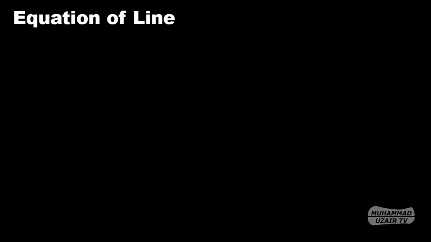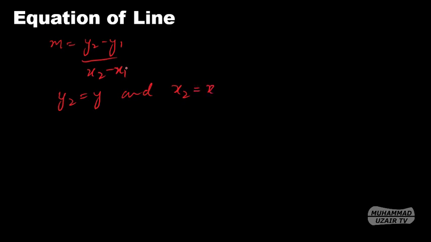So now to find the equation of line, we already find that slope m is equal to y2 minus y1 divided by x2 minus x1. Let's suppose one point is fixed. So let's suppose y2 is equal to y and x2 is equal to x. So putting values in the above equation, we will get m is equal to y minus y1 divided by x minus x1.